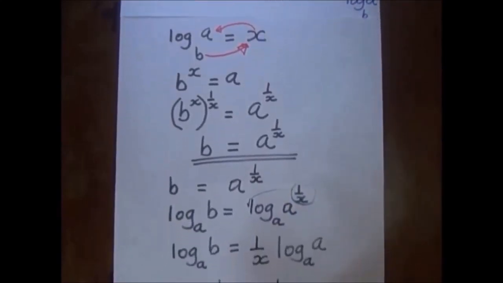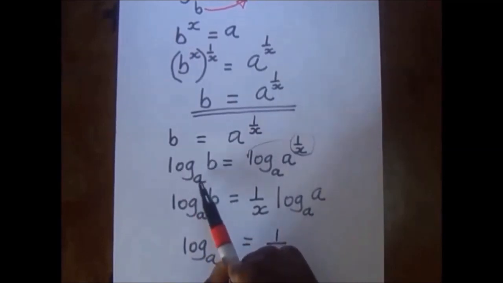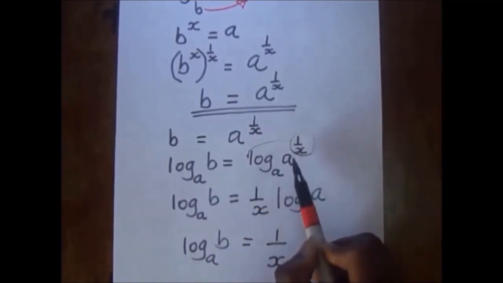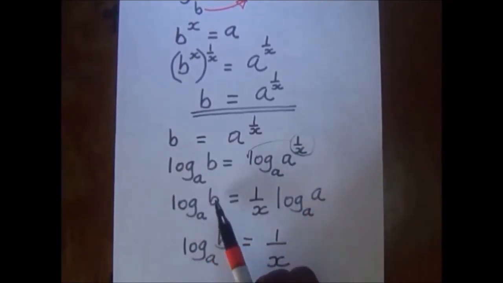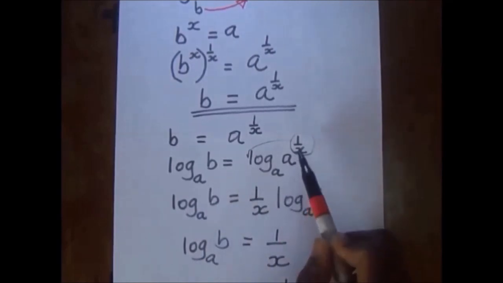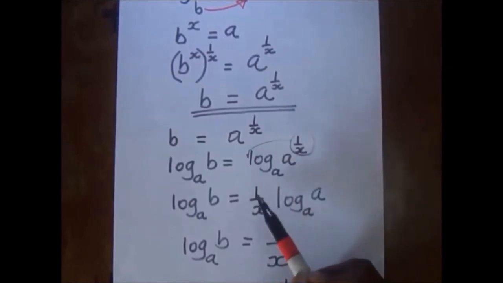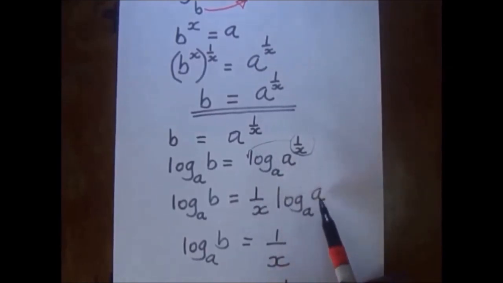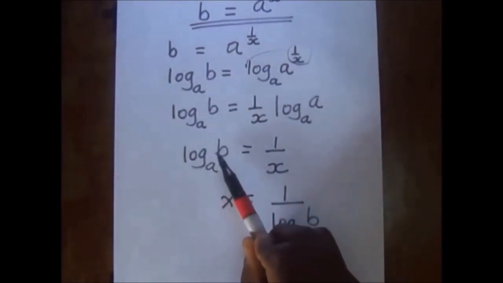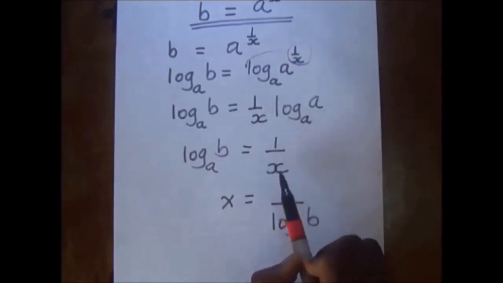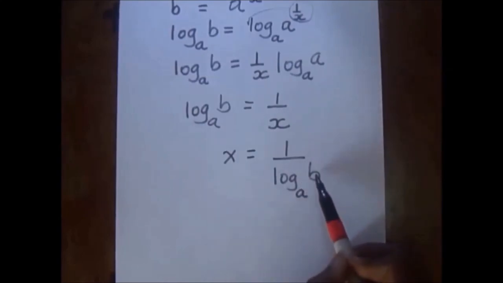So here it's going to become log of b base a is going to be equal to log of a to the power 1 over x to the base a. So it's going to become log of b base a, and this 1 over x comes from our law of logarithms. So log of b base a is going to be equal to 1 over x times log of a base a, and we shall end up with 1 over x.